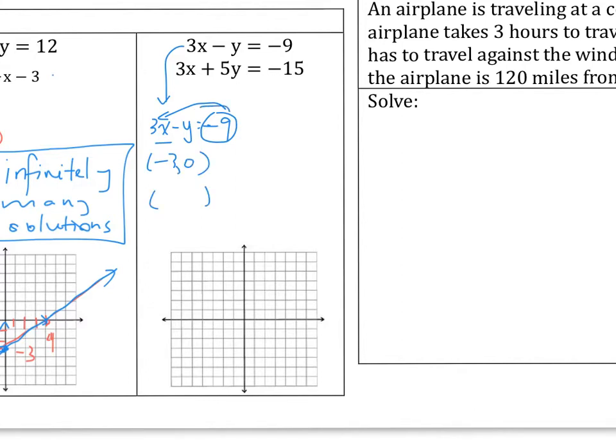Negative 9 divided by the coefficient of negative 1 gives me the y-intercept of 9. I can go ahead and graph this. 1, 2, 3, 4, 5, 6, 7, 8, 9. So this is 9 here. I'm going to extend this line.